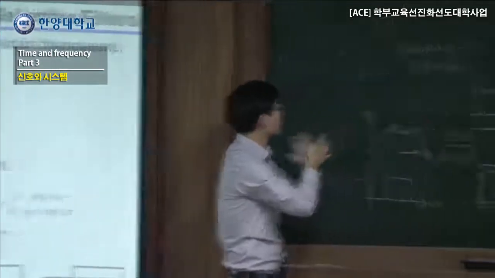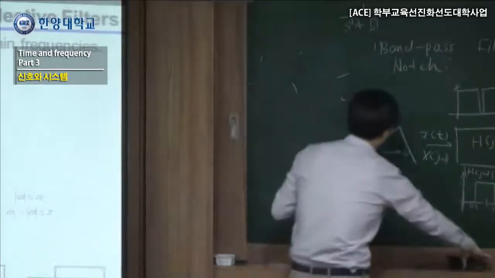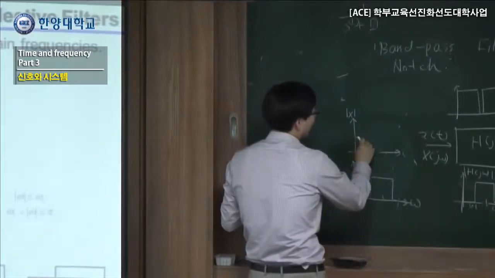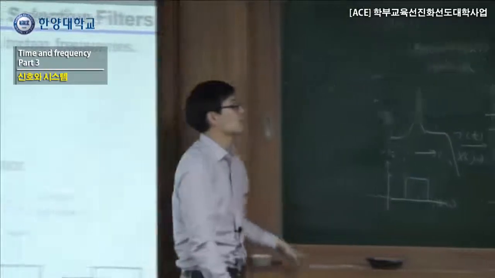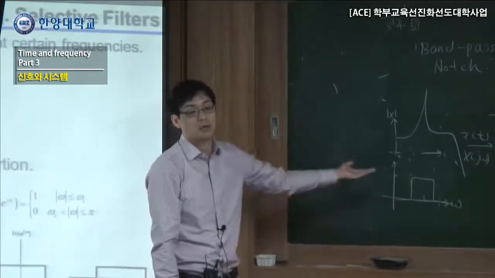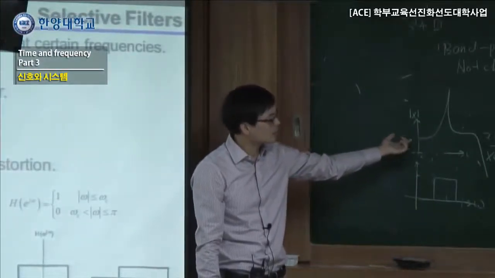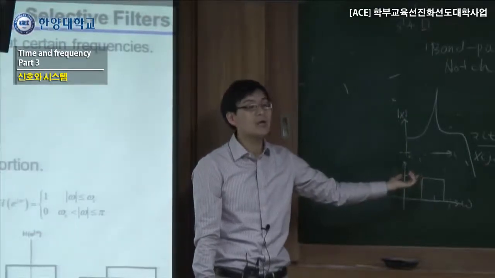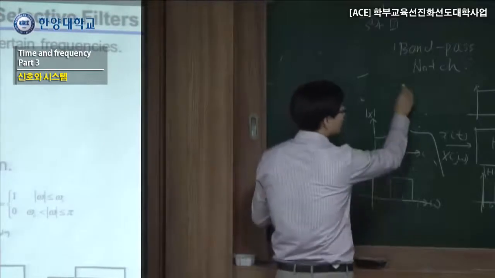Okay, so how can we use it? For example, let me redraw this one a little bit. If you have a system or input you measured, and this is the output of your system, and the output looks like this. First of all, you may be interested, you want to see this more.